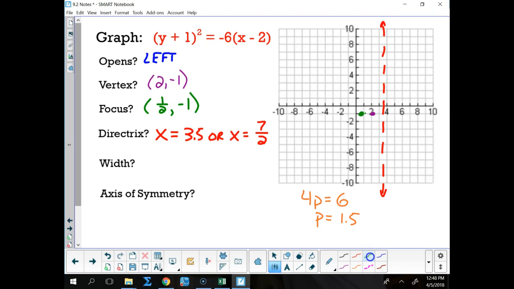Because who loves fractions? We love fractions. Do you want the fractions rather than the decimals? Should be.